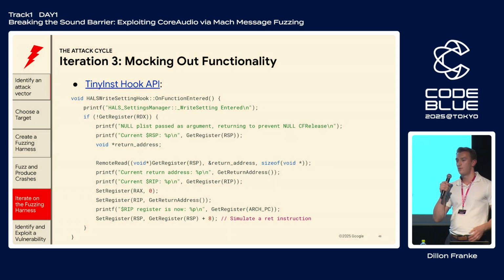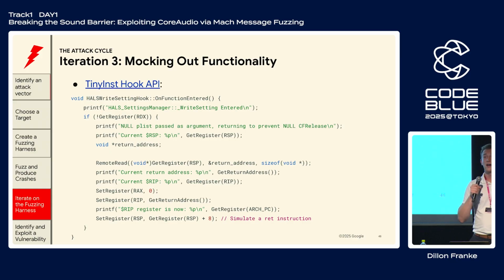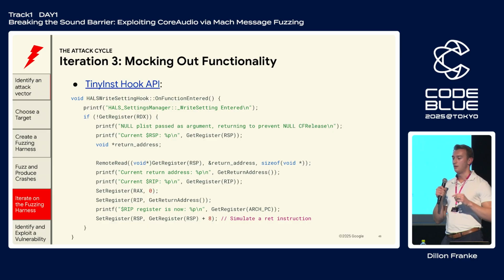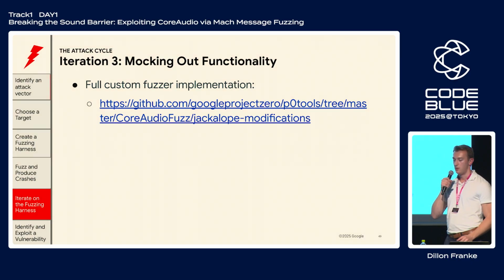You could also use function interposing like I just mentioned, but this is a really nice API to use when you're dealing with C++, because it allows you to define code that will fire when you enter a function and code when you exit. So it's very easy to knock out some of those annoying bugs that might happen. And if you want to look at the full custom fuzzer implementation, that is also in the Project Zero GitHub here.